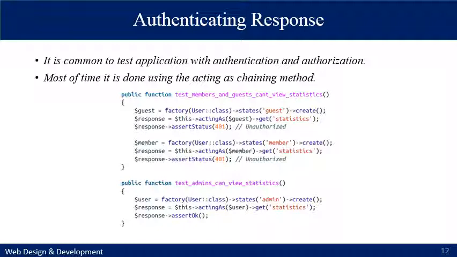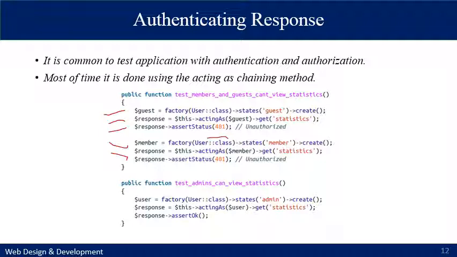So in the first test case, a test guest user is created and the response is checked against this guest user for a specific page, and if that page is denied for the guest account, we can check that the unauthorized access status is returned. Similarly, a member is created and the same assert statement is checked against the user, and if the user is unauthorized, the 401 will be returned as a result.